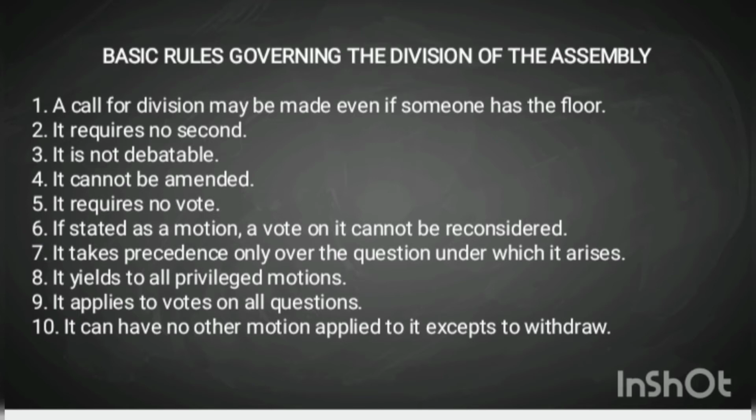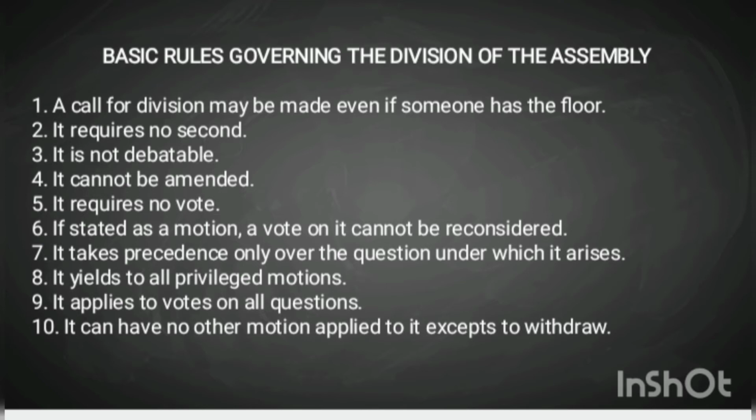So these are the basic rules governing the division of the assembly. First, a call for division may be made even if someone has the floor. Second, it requires no second. Third, it is not debatable. Fourth, it cannot be amended. Fifth, it requires no vote. Sixth, a vote on it cannot be reconsidered if it is stated as a motion.